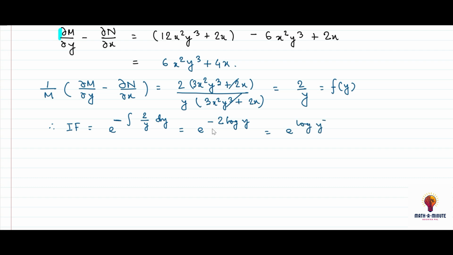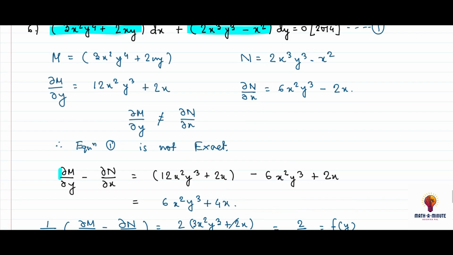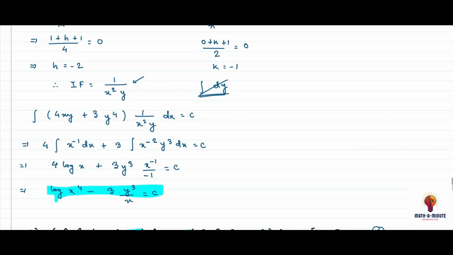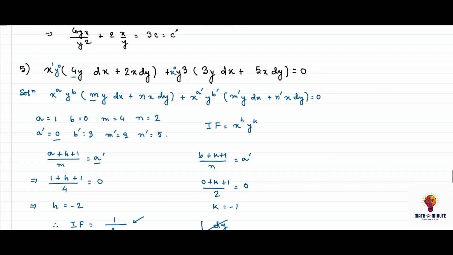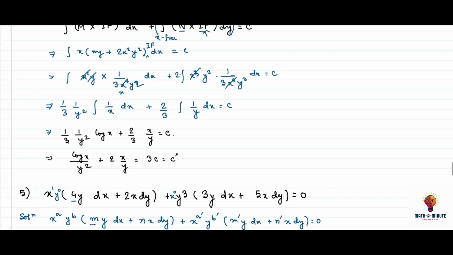So it will be 1 by y squared. This is our integrating factor. There is no term of x, so we have to find the general solution. Now it's your job to find the general solution, because in the previous problem I explained many times how to find the general solution. Just check this video and try to find the general solution.